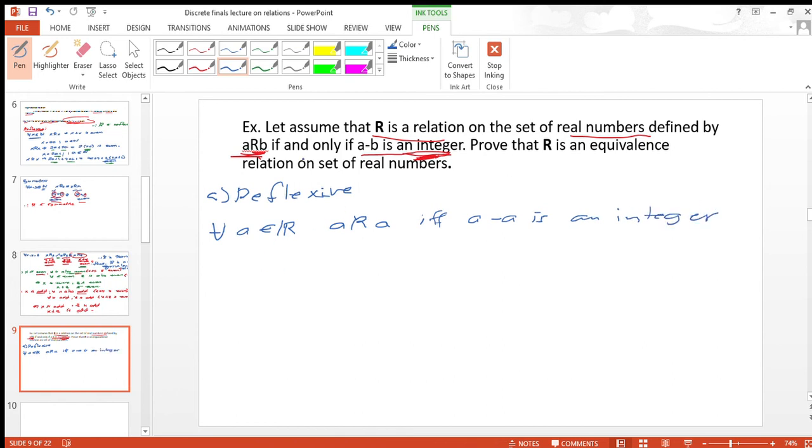Okay, so look at this reflexive property. We will consider all elements of our set of real numbers.